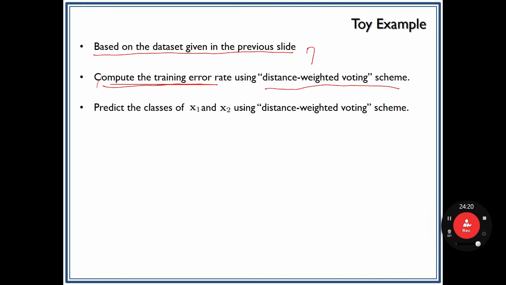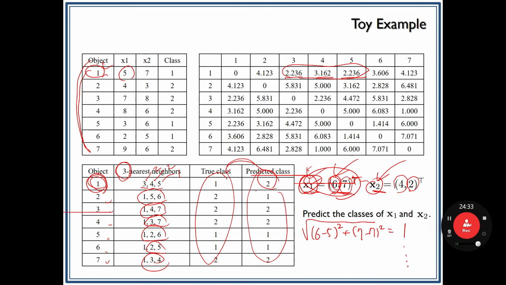Training error means that, based on your choice of k, using these 2 columns, please construct a confusion matrix and then calculate the training error.